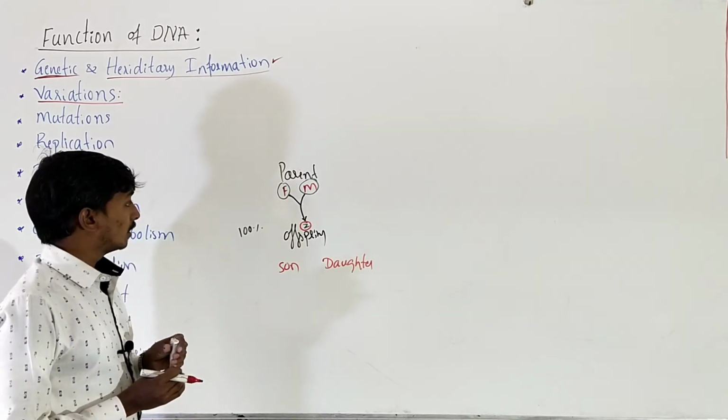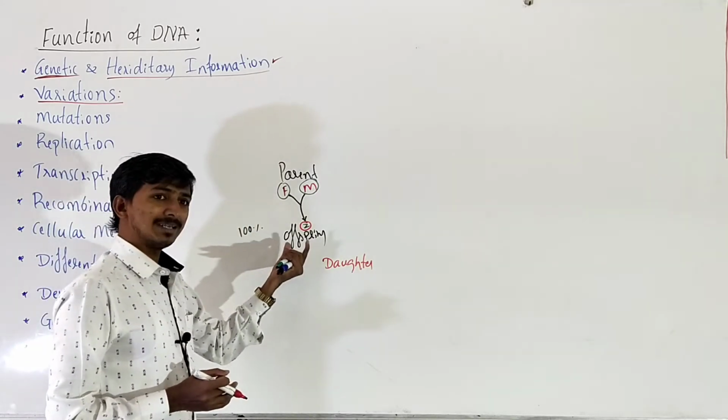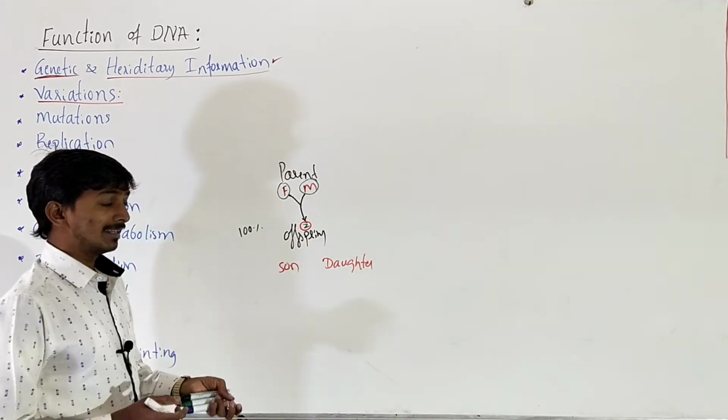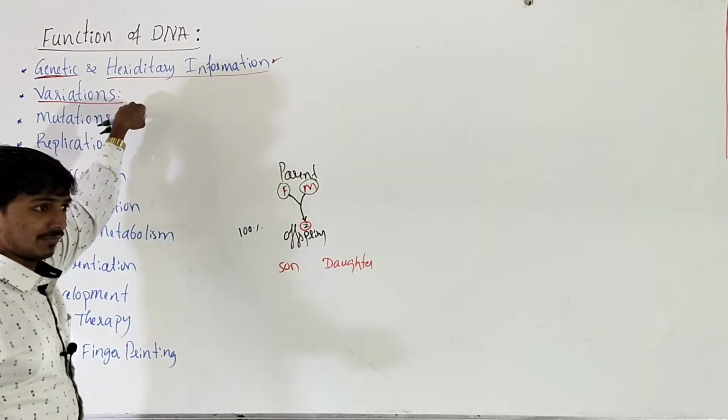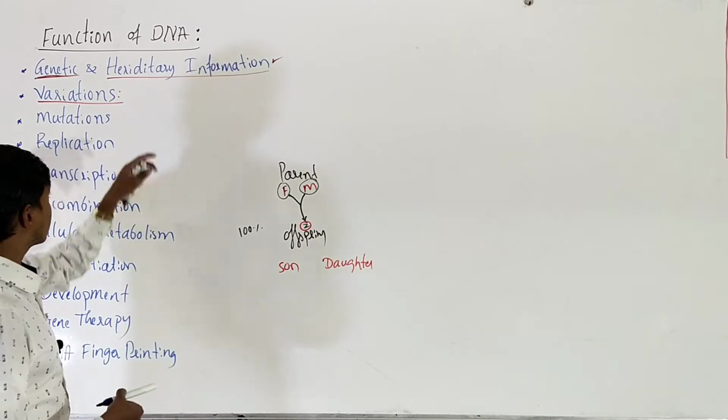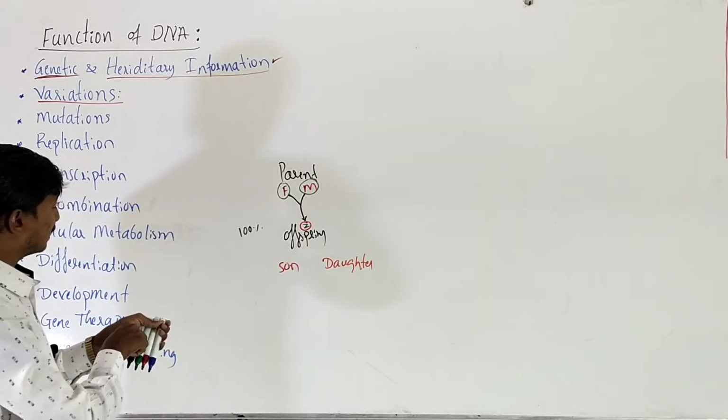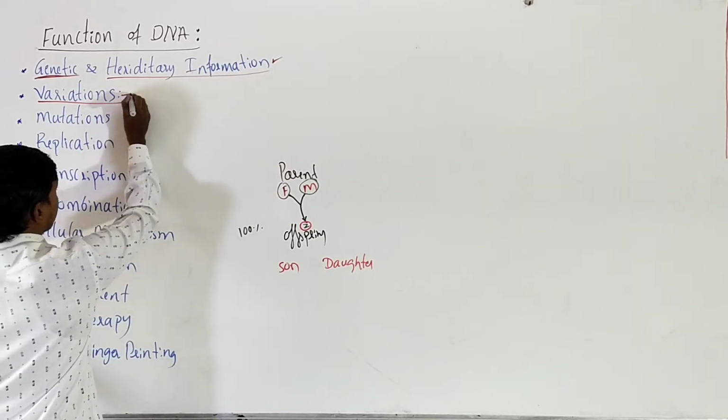Hence, the offspring will not be exactly like any of the parents. The difference is known as a variation, and this is the basic material for evolution.